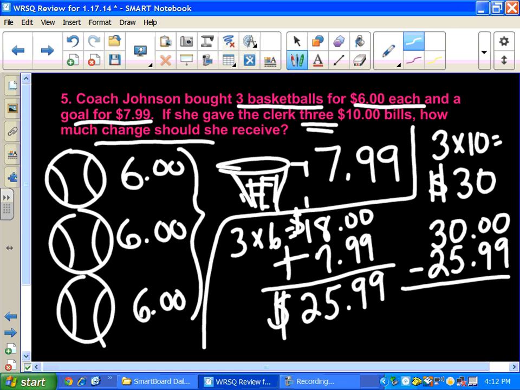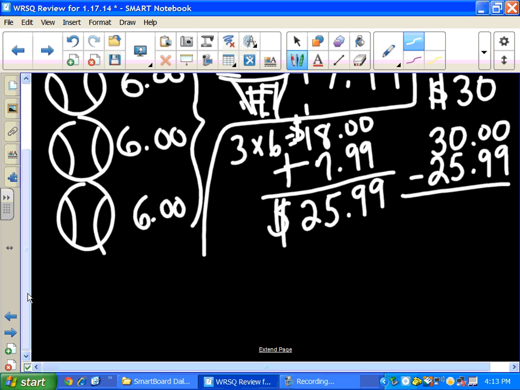Now, if you look at that, since $25.99 is so close to 26, it's only a penny away. So what if we subtracted $30 from $26? So if we're thinking $30 minus 26, we only know that that ends up with $4, correct? Get a little more room.